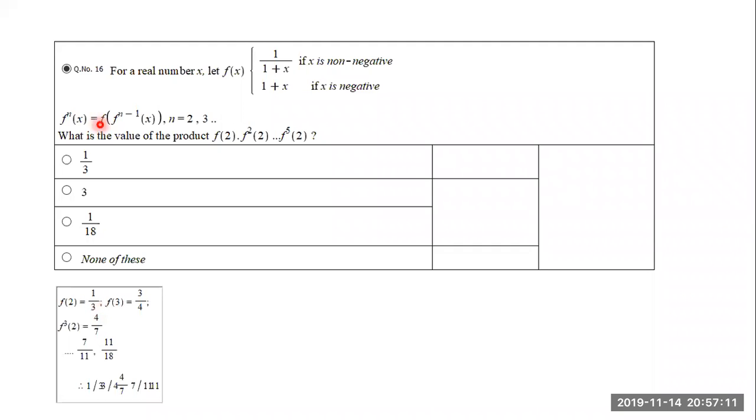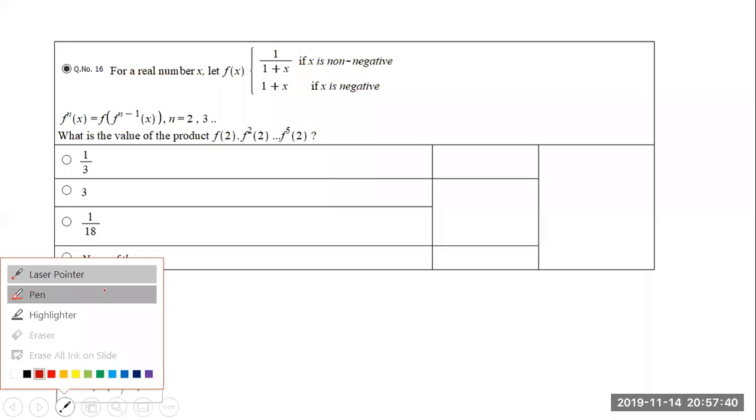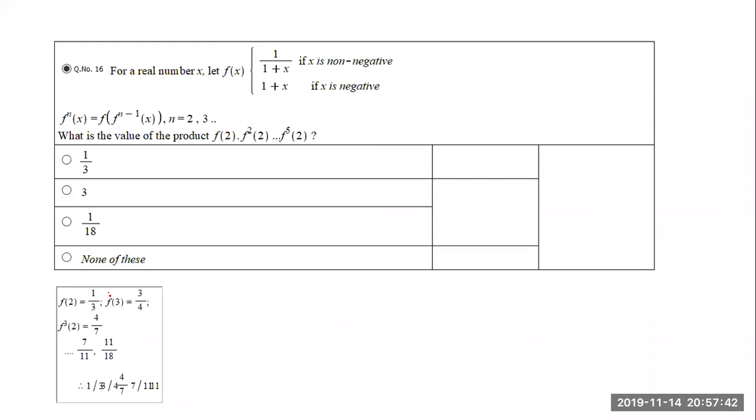I'm sorry, I made a mistake here. This is F power 3 of 2, which is 4 by 7. Why can I not substitute? Because we want F2 only, you don't want F3 and all. We want only F2 always. F2 power 3. Sorry, I made a mistake. This is F2.